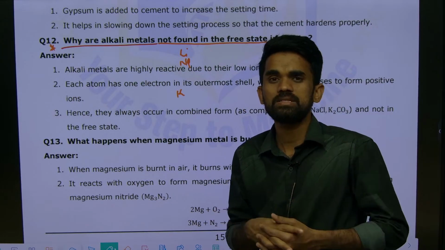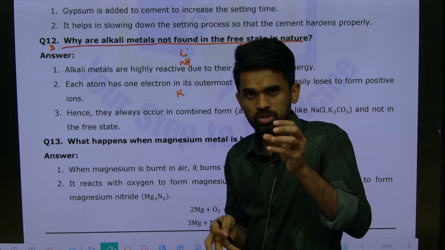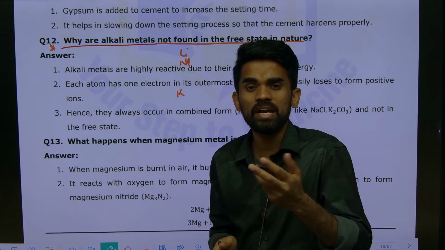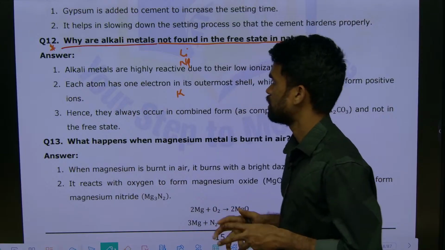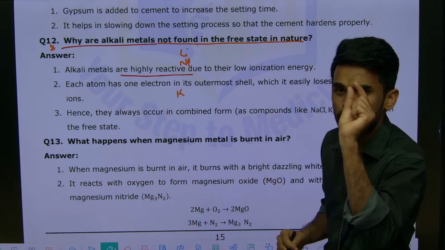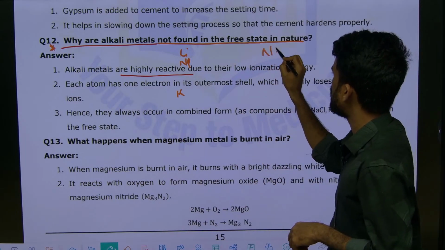They give an exothermic reaction. Whenever they are exposed to moisture or water, they give an exothermic reaction and form the respective oxides. So alkali metals are highly reactive due to the presence of one valence electron. For example, sodium has atomic number 11.